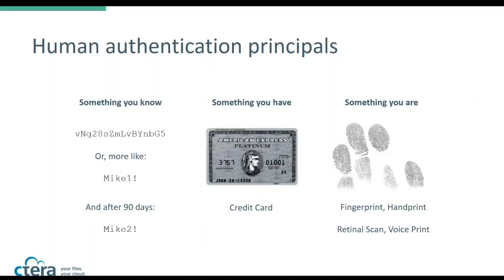Now, we can combine each and every one of those authentication schemes or measures to protect our identity, to identify ourselves to the system, and then we can start introducing things like two-factor authentication or multi-factor authentication, 3, 4, 5 different measures.